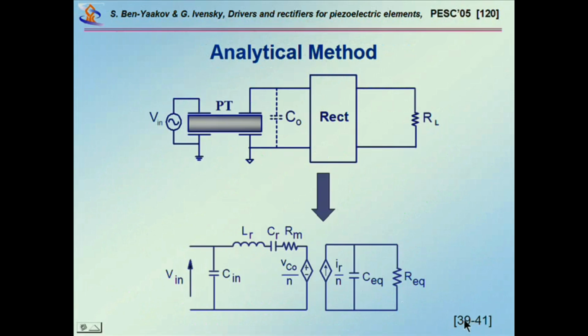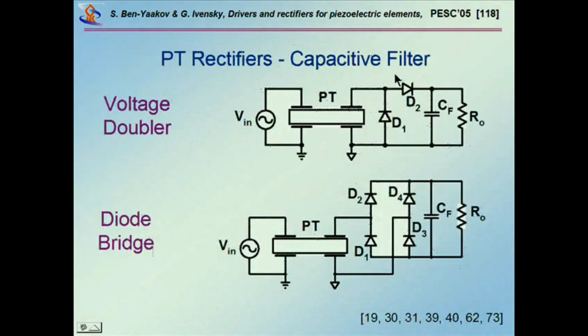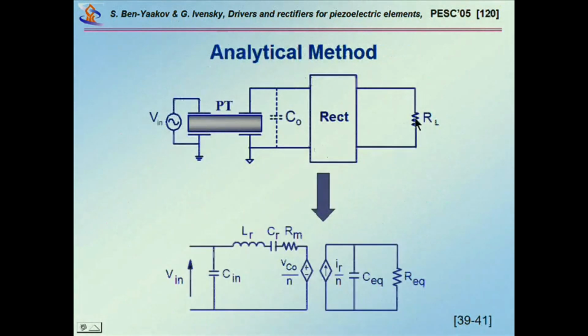So we have worked this out, there are some references here, and I'll spare you all the details, but just say that you can calculate the equivalent resistance and capacitance as a function of the load resistance for each situation, for the voltage doubler and the current doubler. Again, if you have a circuit like this and you would like to find out the output to input voltage ratio, what you basically do with this method is you first calculate this equivalent capacitor and this equivalent resistor.